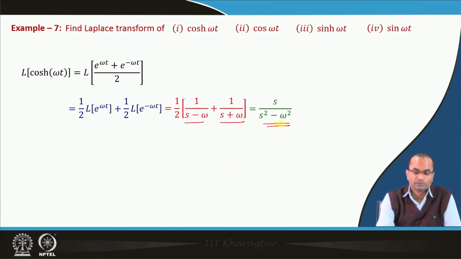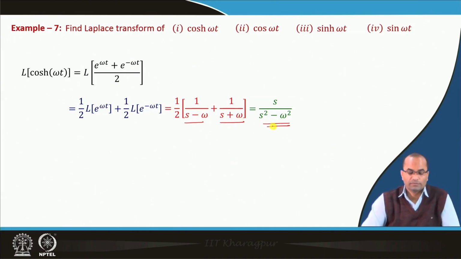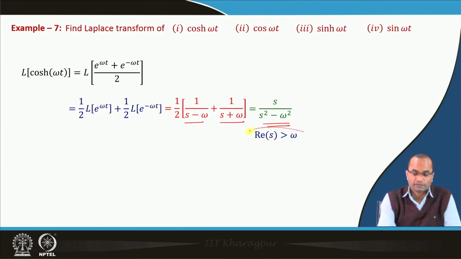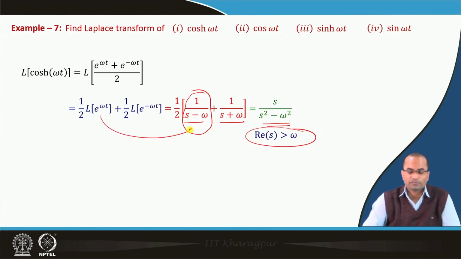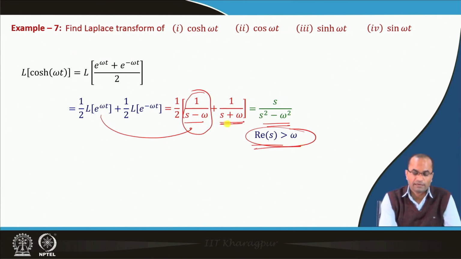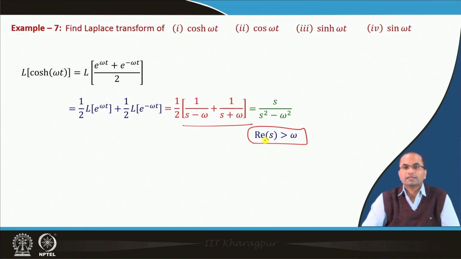So, we will get s over s square minus omega square, where real s is greater than omega, because remember that for this result, the Laplace of e power omega t was 1 over s minus omega for real s greater than omega, and here we have real s greater than minus omega. So, in either case, when we combine the two, this is valid for real s greater than omega.